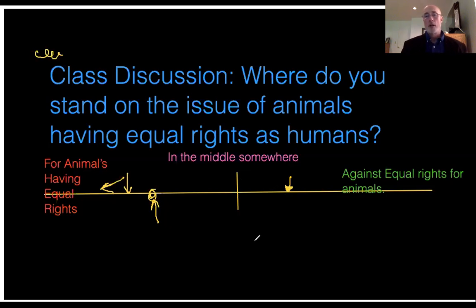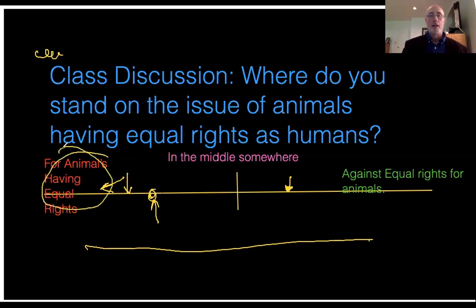Now, here's where this continuum, this line that I have, can be really helpful. Because when you write an argumentative essay, which is coming, it'll be your first essay, you're going to argue for your side, and then you're also going to bring up what the other side believes and rebut that. So it's pretty easy to do if you're over here.